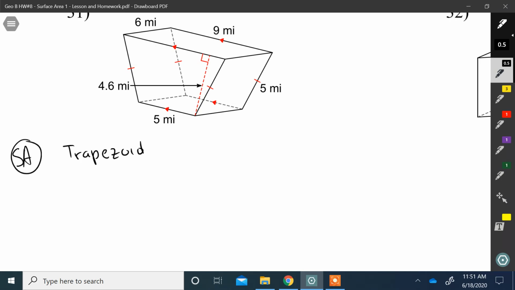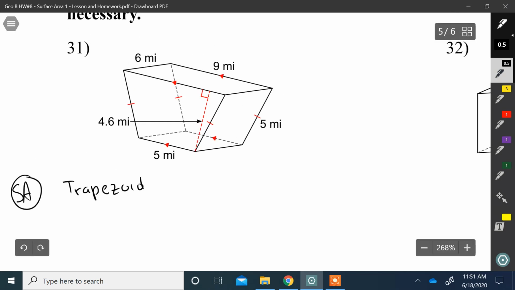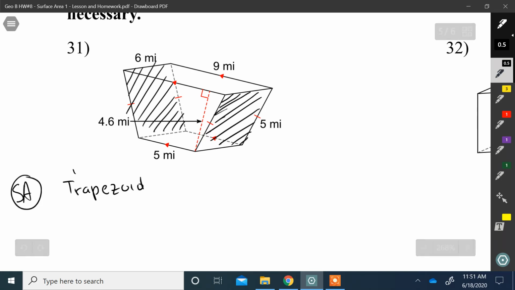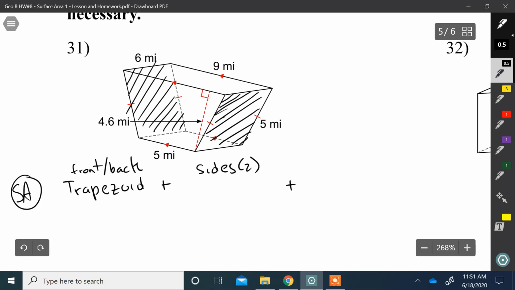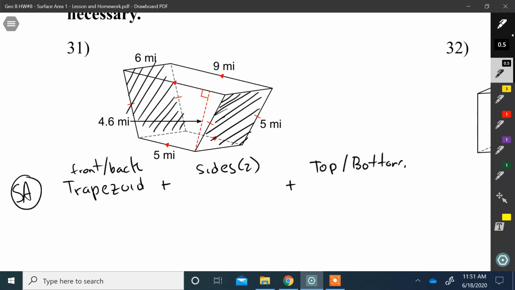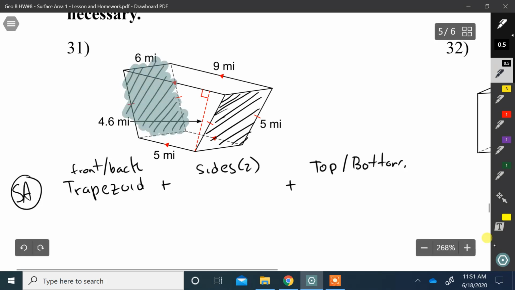Then we're going to find the area of the sides, this right here, and this, and it's the same as this one right here. So the trapezoids are the front and back. I'm going to call these the sides, of which we have 2. And then we also need the top and bottom. We have to find all of that, guys. I know this is complicated, but that's what we have to find.